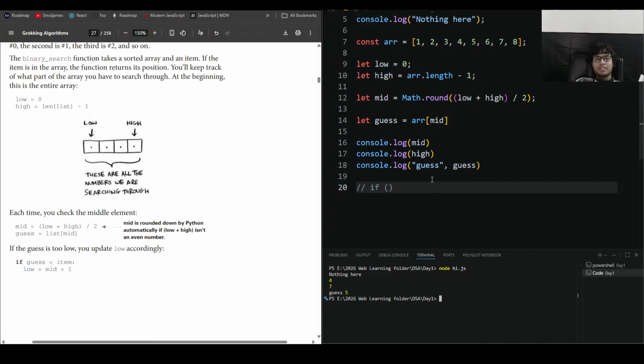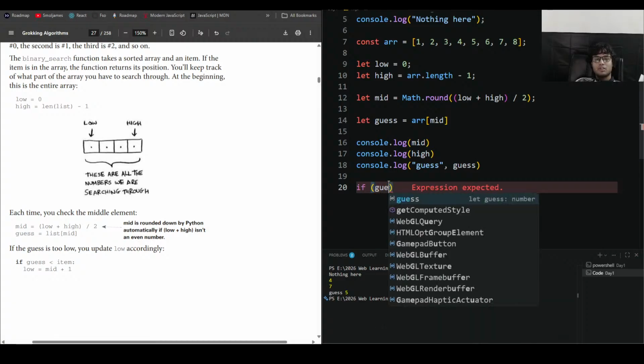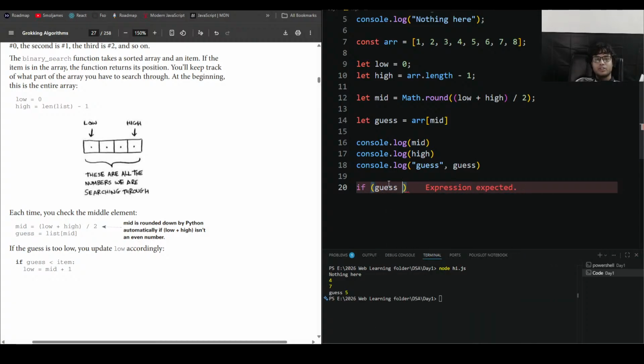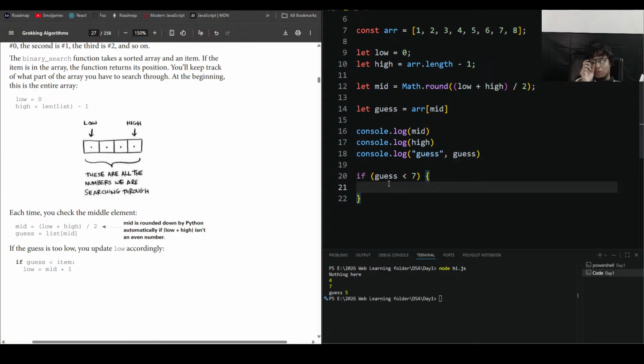Okay, guess is 5. So if guess is too low, let's say like 7, then low is going to become mid plus 1.